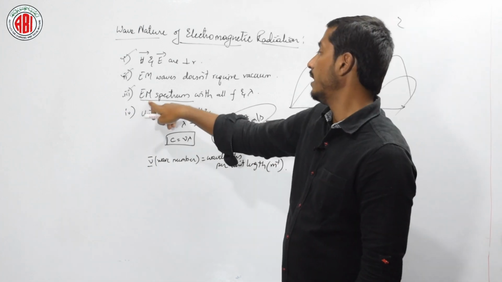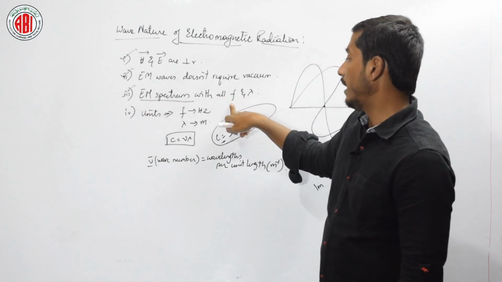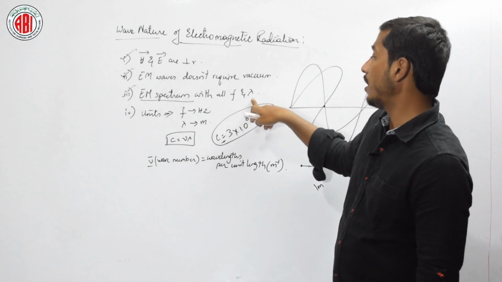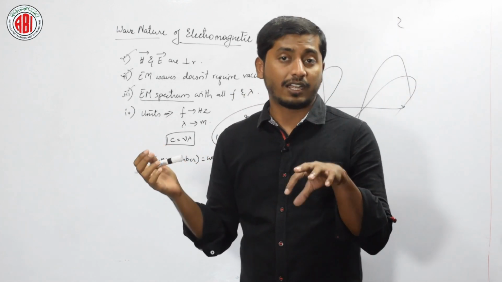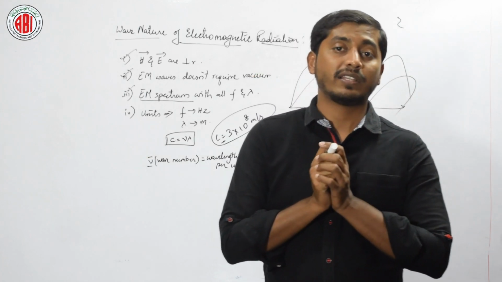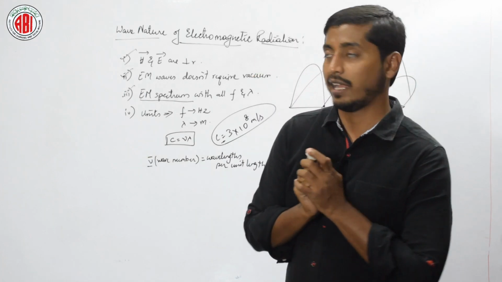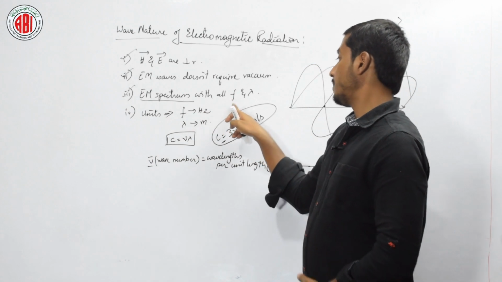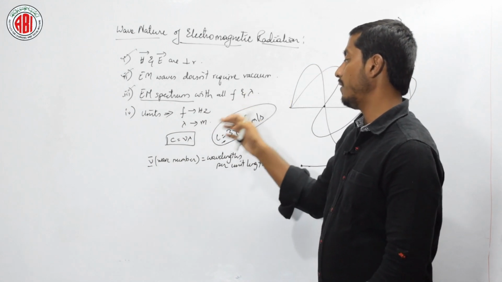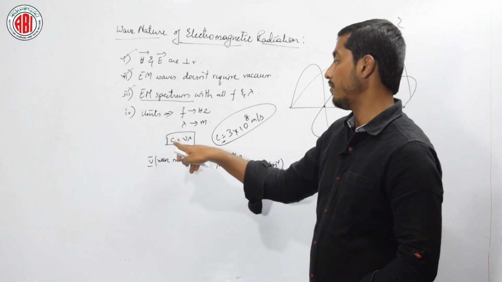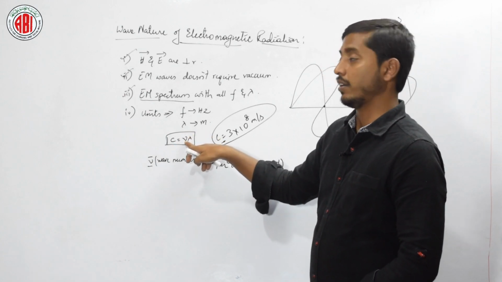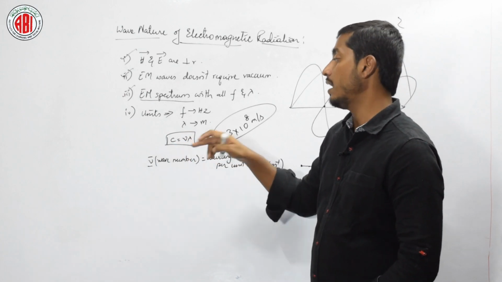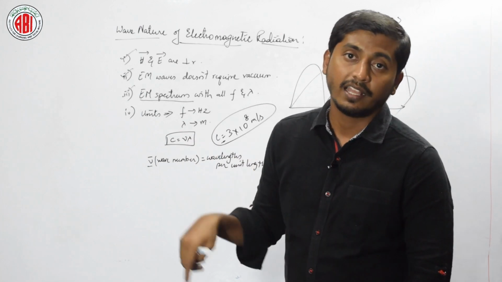Next, the EM spectrum has either frequencies or wavelengths. What is an electromagnetic spectrum? It is a group of all frequencies of energies. And the relationship between frequency and wavelength is c equals nu lambda, where c is the velocity of light in air, nu is the frequency of radiation and lambda is the wavelength of that particular wave.